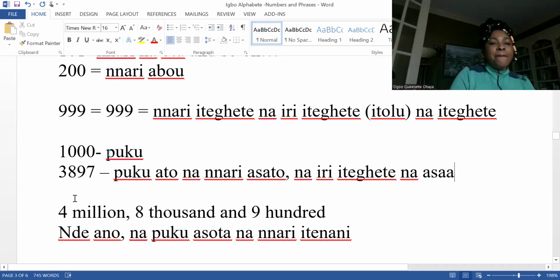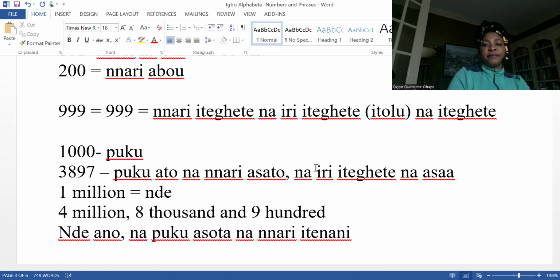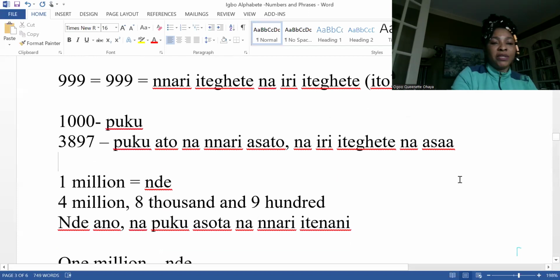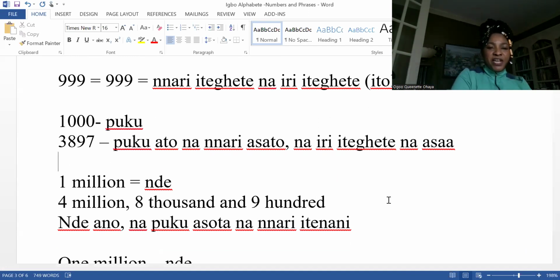Now 1 million is what? 1 million is nde. So I want you to know that 1 million is nde. When you have 4 million, 4 million is what? Nde anọ.